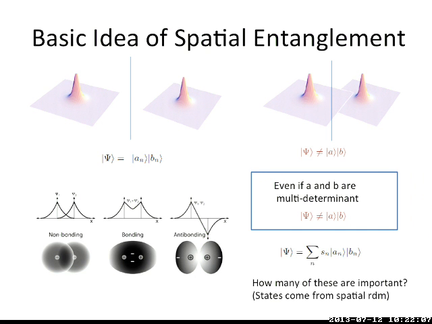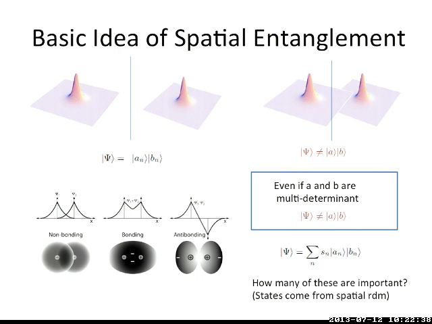What entanglement is really about is the number of states you need to accurately write a wave function down when you partition things in space, in region A and region B. And the question is, how many of these are important? Entanglement is going to be literally a functional of these values here. So if we have Sn equal to 1 and all the others are 0, then that's a non-entangled state.